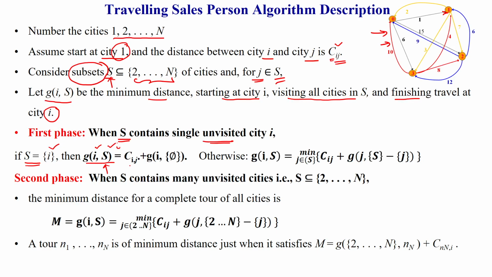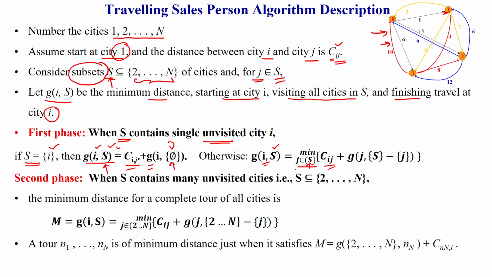In that case we can take c of i j, the cost between i to j, plus g of j comma, then once we have visited that city, there are no unvisited cities available. The unvisited set will be empty, so that's why we indicate it with the phi symbol. Otherwise, if the subset has more than one unvisited city, then we have to take the minimum over the cost between i to j.